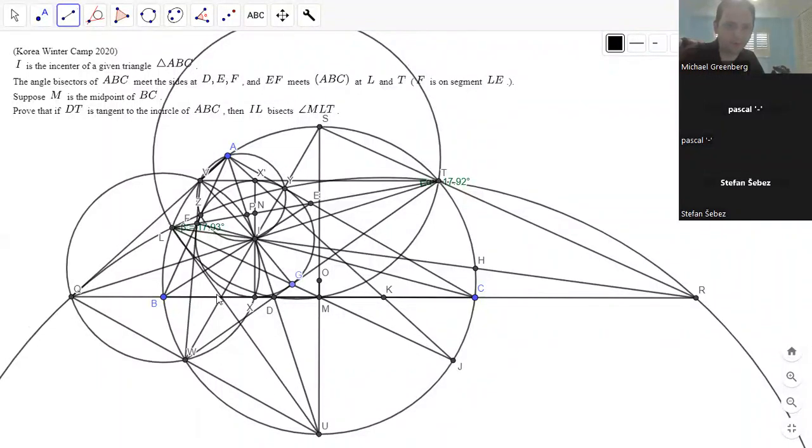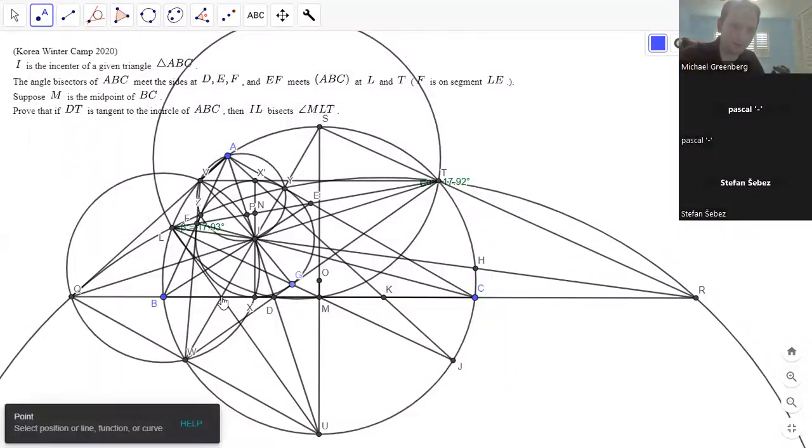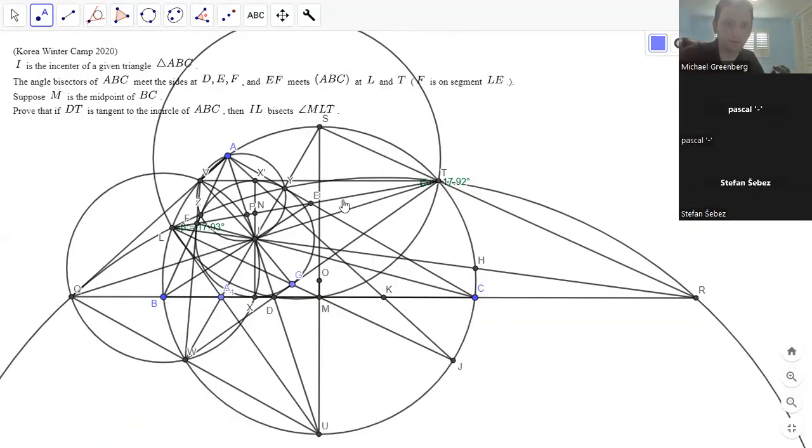And it looks like these are also concurrent, and that BCA1Q is harmonic. So we just have a lot of stuff happening.